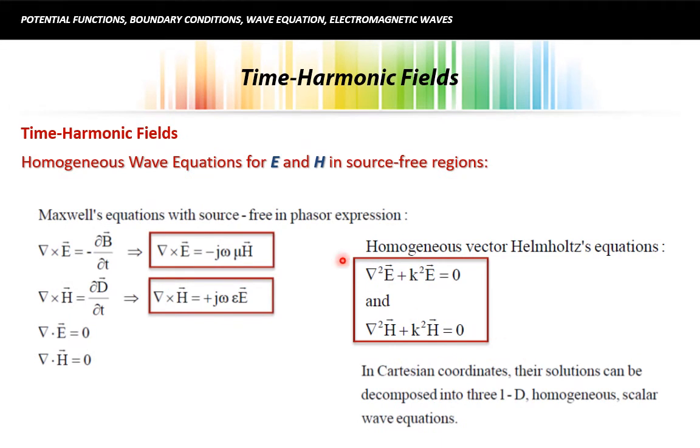The homogeneous wave equations for E and H in source-free regions: Maxwell's equations with source-free in phasor expression are these, and the homogeneous vector Helmholtz equations become these. In Cartesian coordinates, their solution can be decomposed into three one-dimensional homogeneous scalar wave equations.